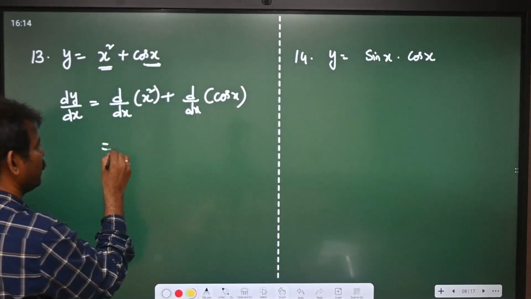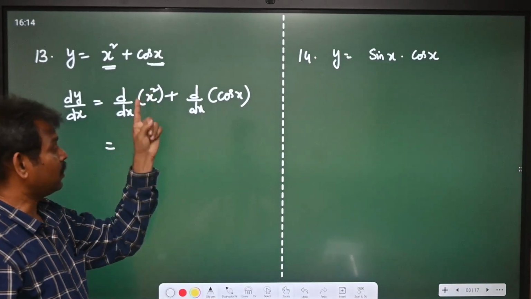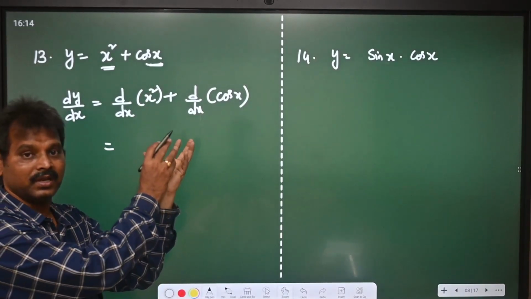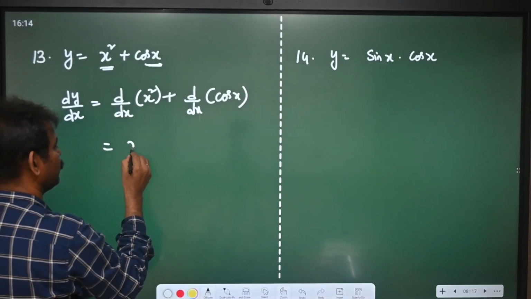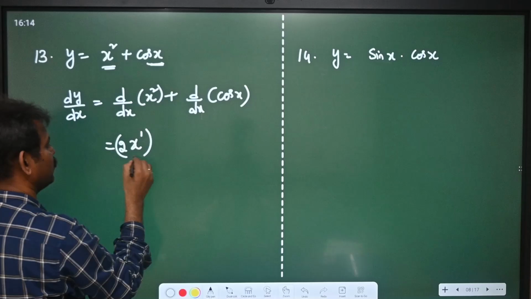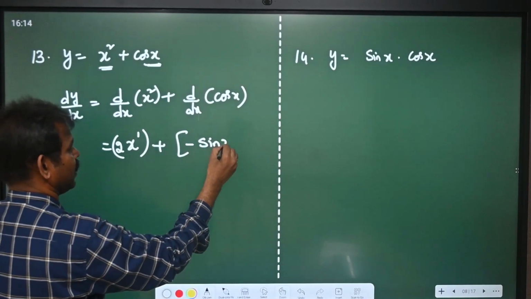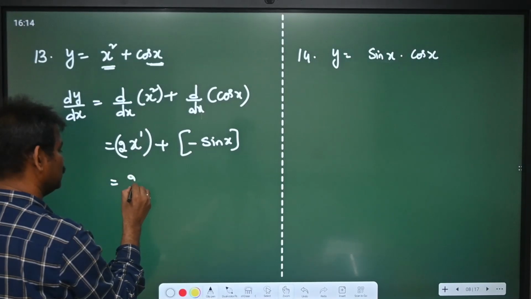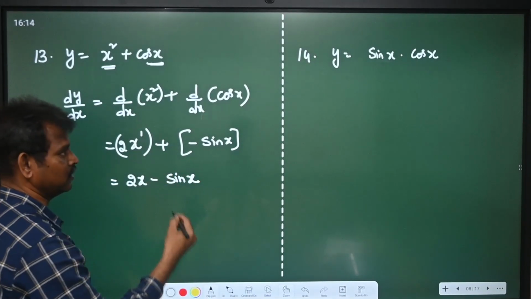For the derivative of the first term, once again the power rule: the power reduces by 1 and we multiply by the same power given in the problem. So x square becomes x power 1 into 2, which will become 2x. The derivative of cos x is equal to minus sin x. So the answer is 2x minus sin x.